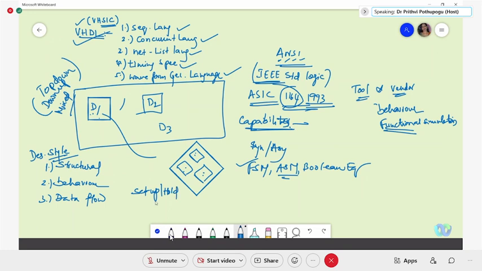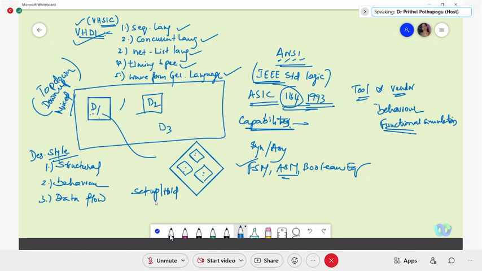That means every description we have seen in the previous DSD1 or DSD2, every design you can put in your VHDL modeling. Back annotations are also possible, such as information on how much delay you are giving or what type of values you are giving.